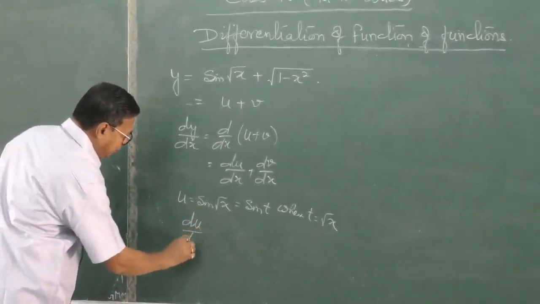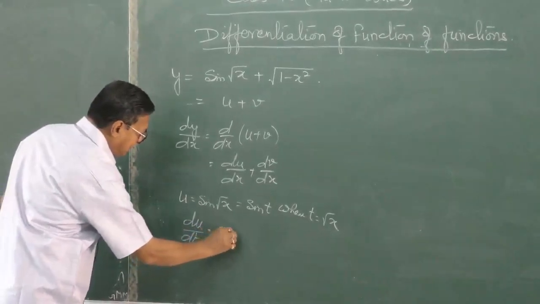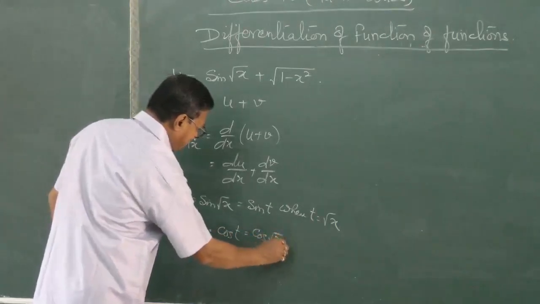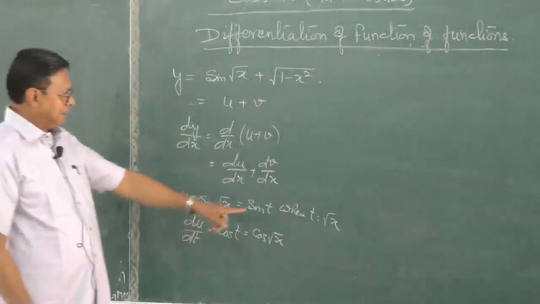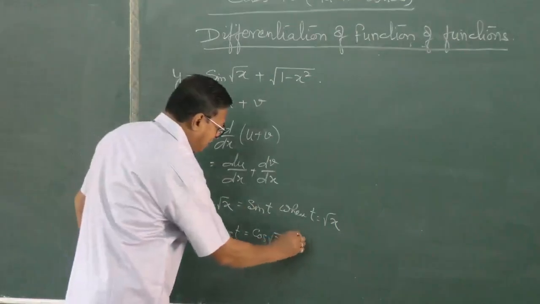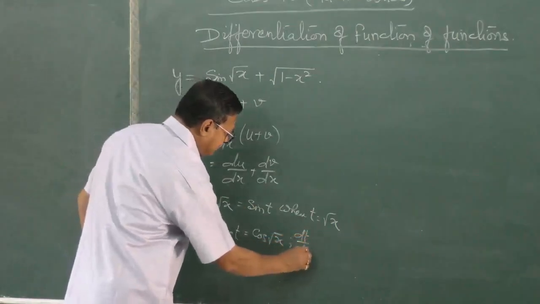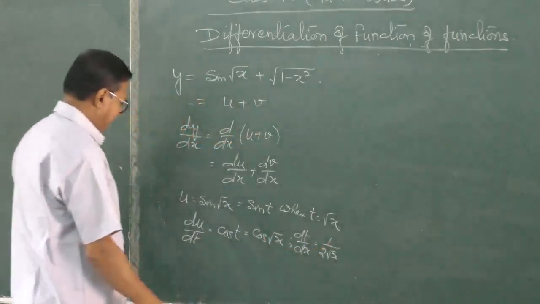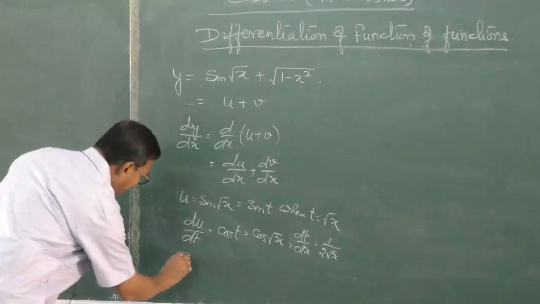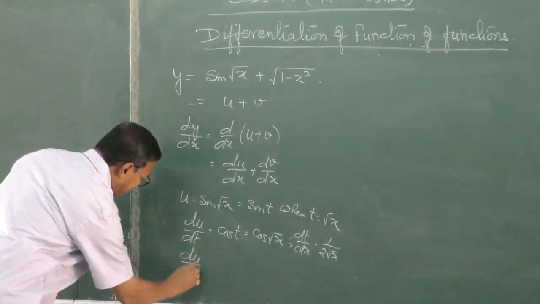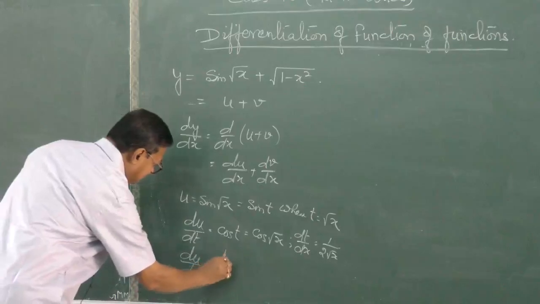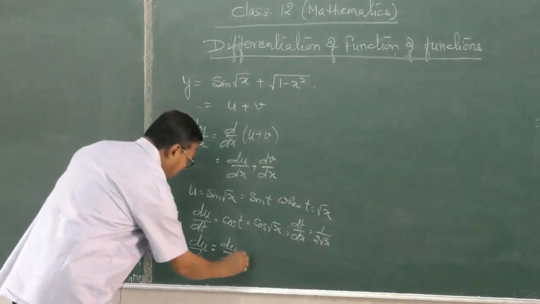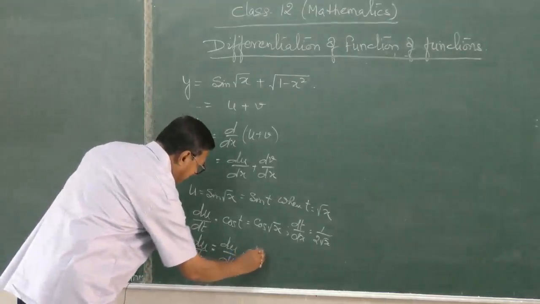So differentiating u with respect to t is cos t. I put the value here only. And then t is a function of x. So dt by dx is this. So du by dx is du by dt into dt by dx.